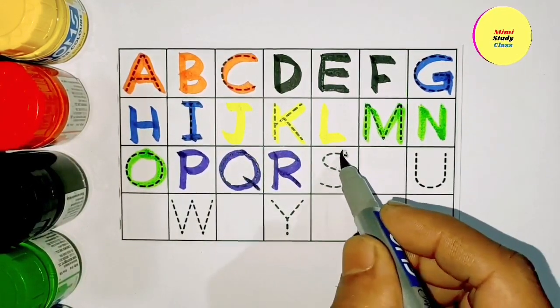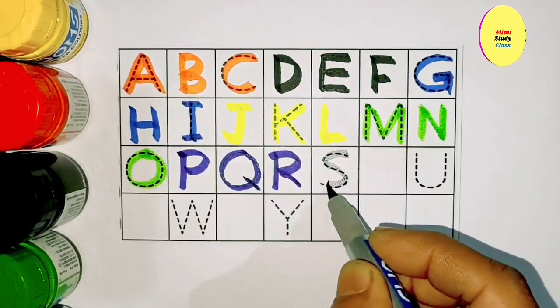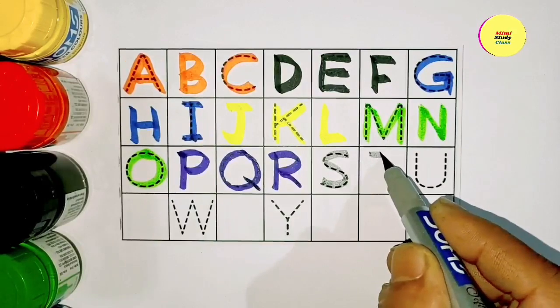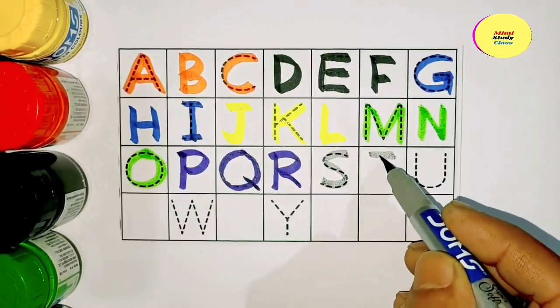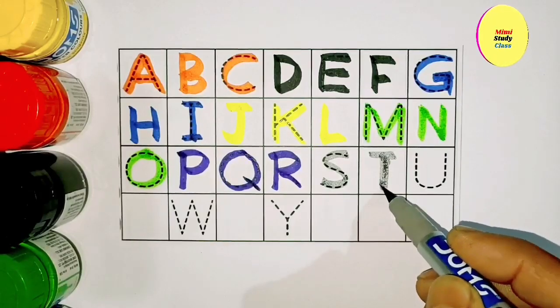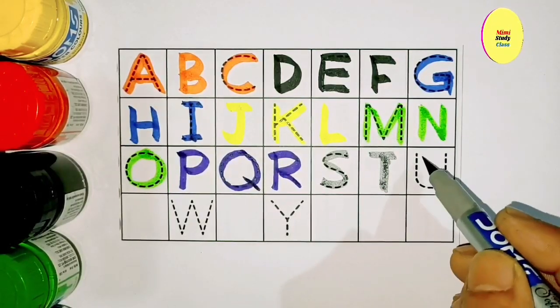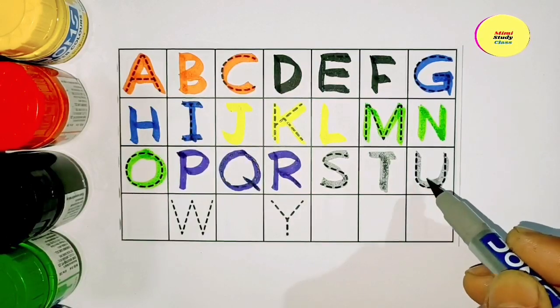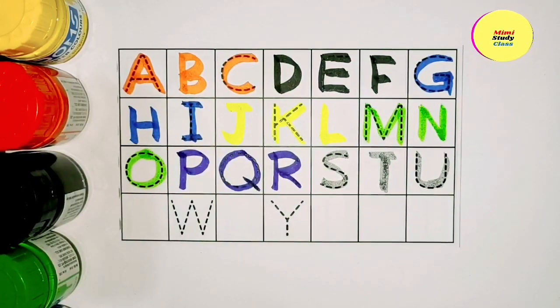Silver color. S for sun. T for tiger. U for umbrella.